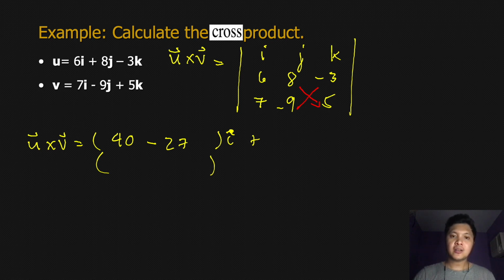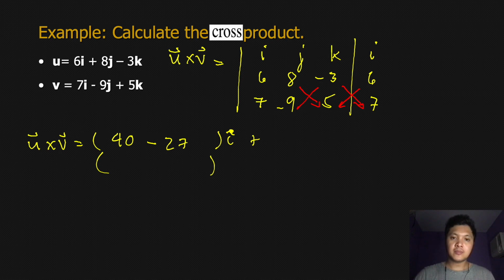So again, we disregard this, and to make it easier, I'll write 6 and 7 here, so it will be easier for me to do this. Negative 3 times 7 is negative 21, minus 5 times 6 is 30.